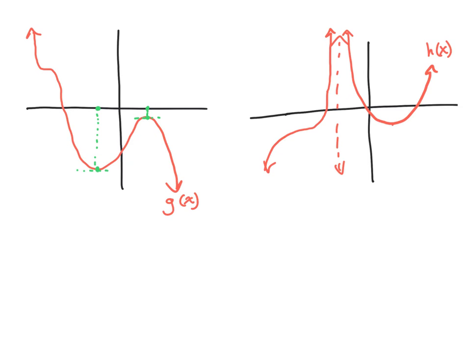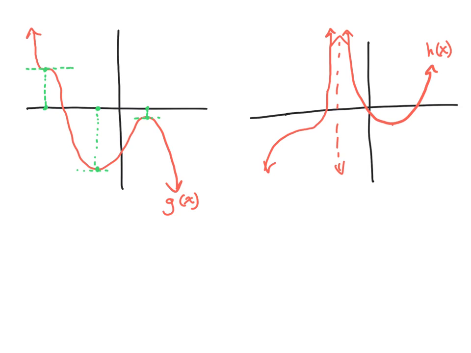Except we have this right here. This is also a critical value, but the function goes from decreasing to decreasing. So not all critical values are easily spotted like this one here or this one here.